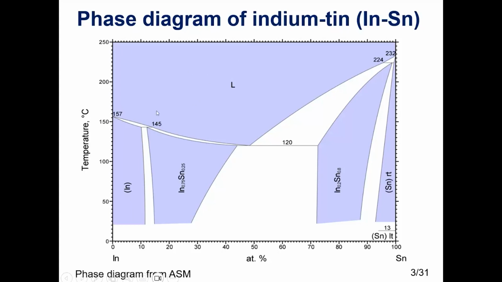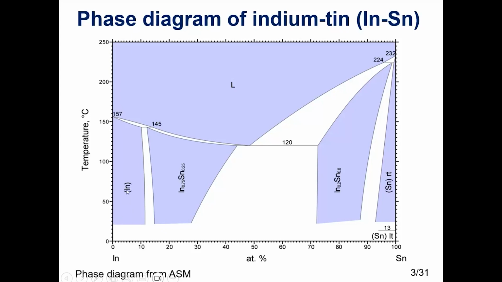It has many phases. At high temperature, which is on the vertical axis, you see the liquid phase. The horizontal axis takes us from pure indium on the left to pure tin on the right. And at moderate temperatures, such as, say, room temperature, which is right down here at the bottom of these colored regions, it takes us through a sequence of 4 solid phases.